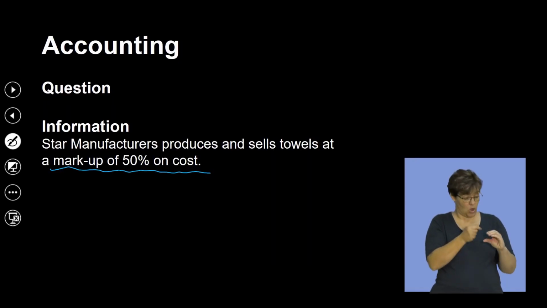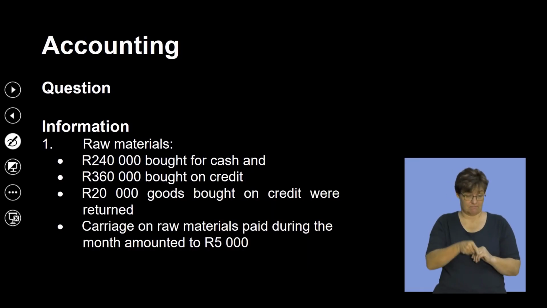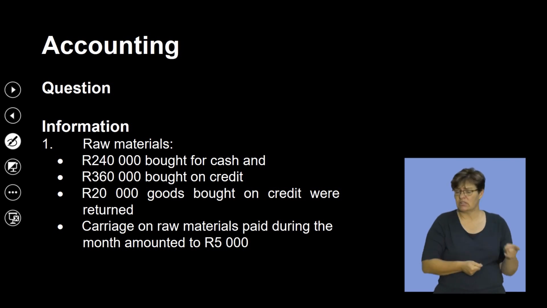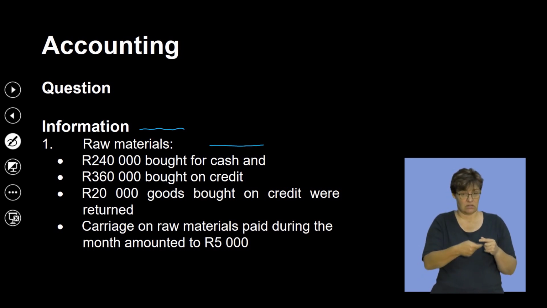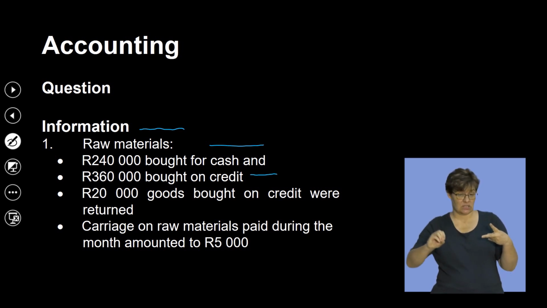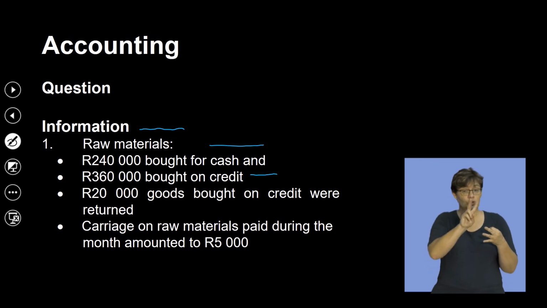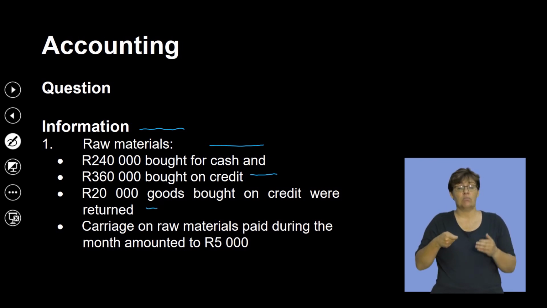What do we have here? Firstly, information regarding raw materials: 240,000 bought for cash. Two, 360,000 bought on credit. Notice something new here: 20,000 of the goods bought on credit were returned.